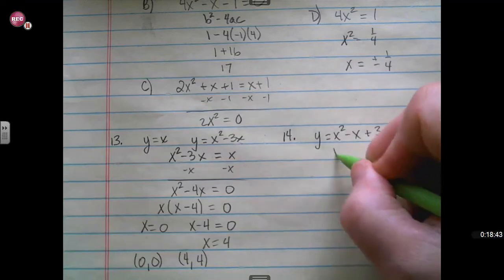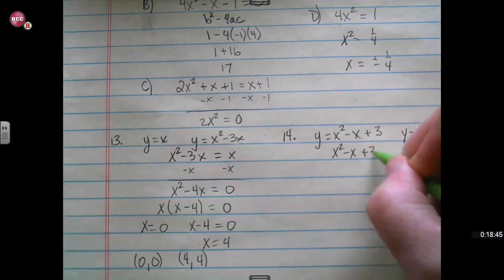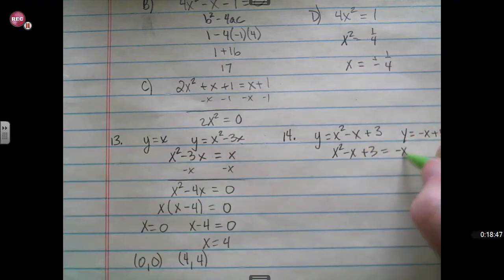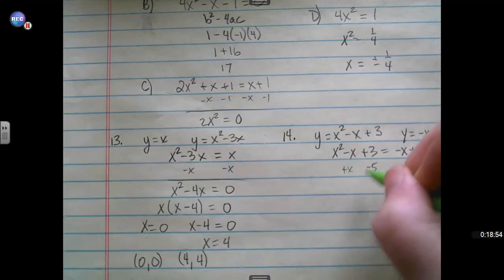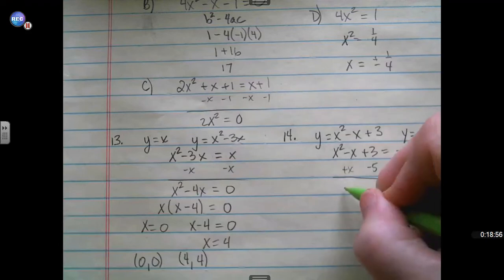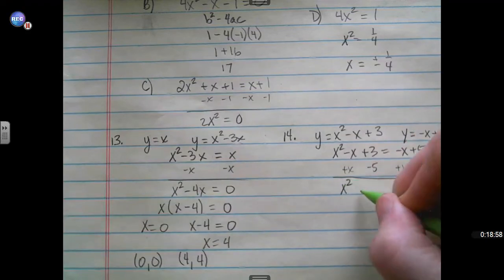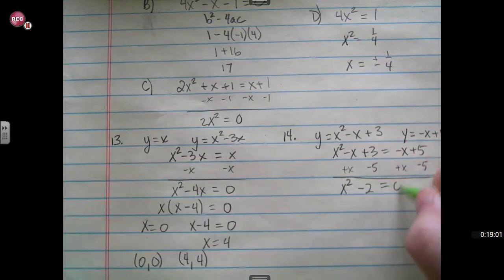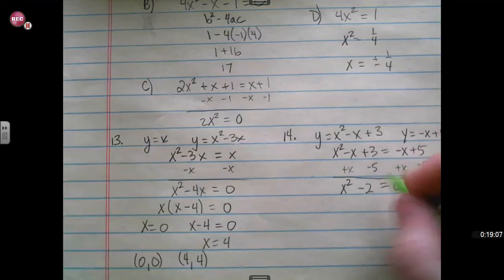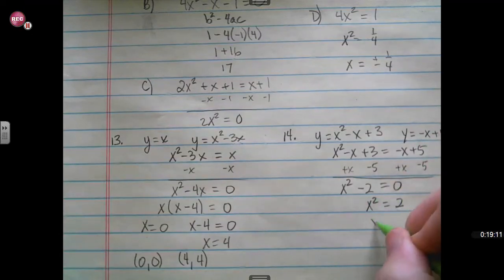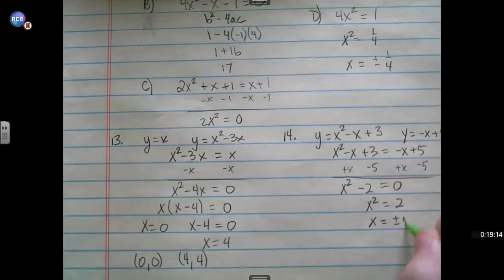Let's see, x squared minus x plus 3 equals minus x plus 5. I'm going to add x, and I'm going to subtract 5. And I get x squared minus 2 equals 0. And I can add 2 to both sides. X squared equals 2. Take the square root of both sides. X equals plus or minus the square root of 2.